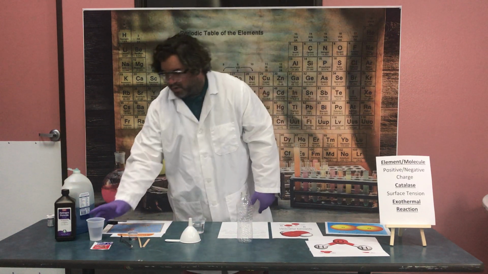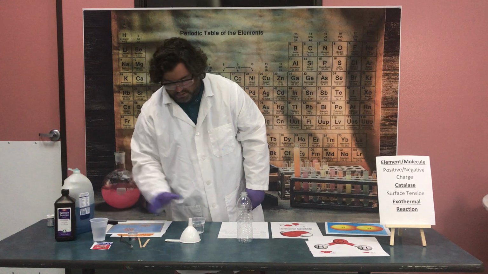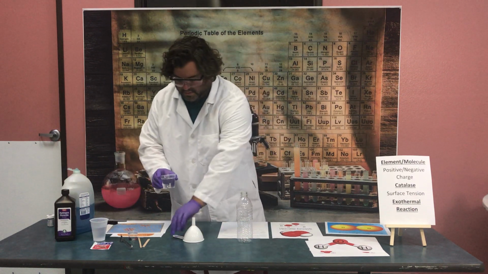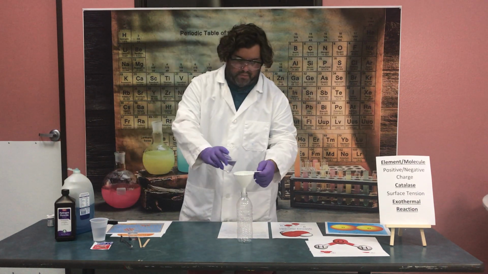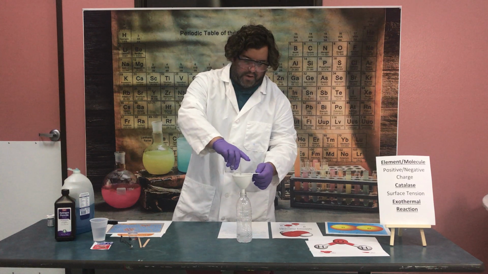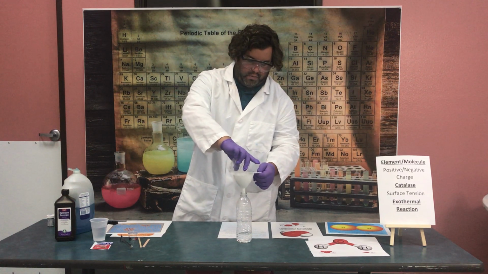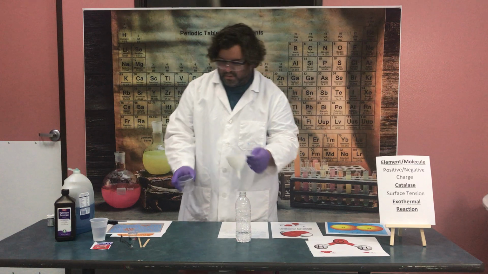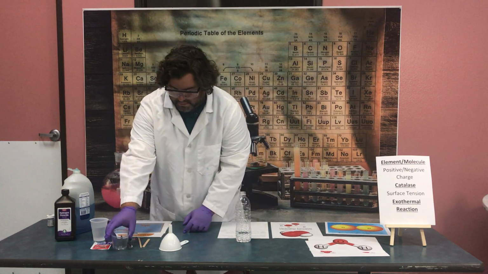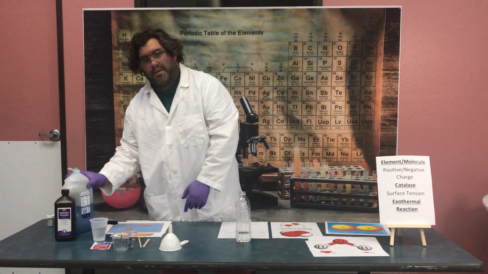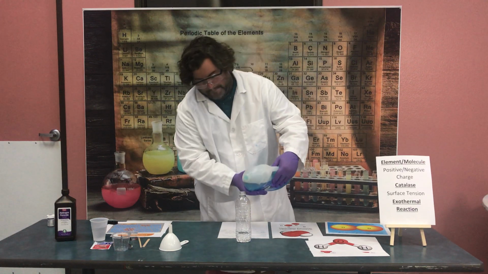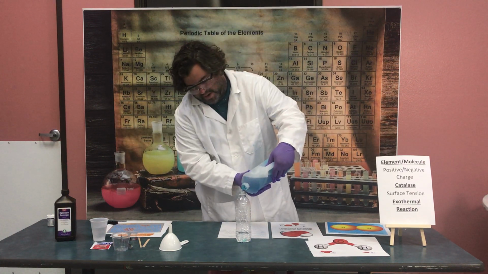So the first thing that we're going to do is take our hydrogen peroxide and pour it in our water bottle. You will need a bottle for this. And then we're going to take some of our dish soap and pour some dish soap in there.